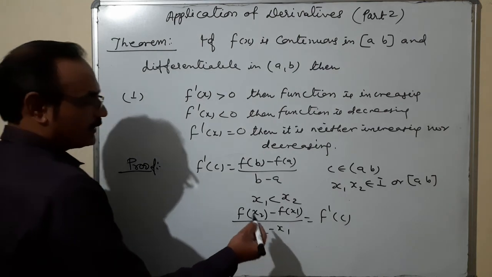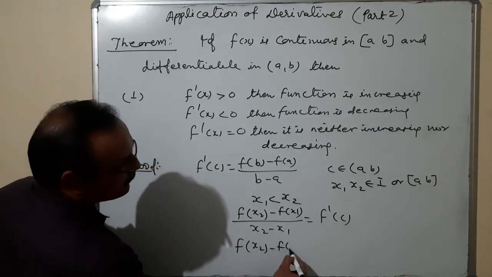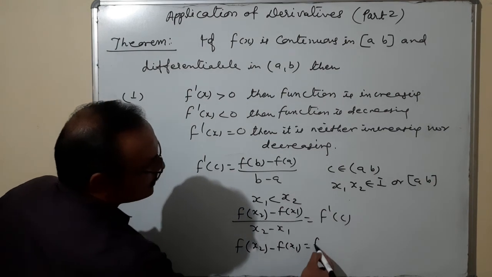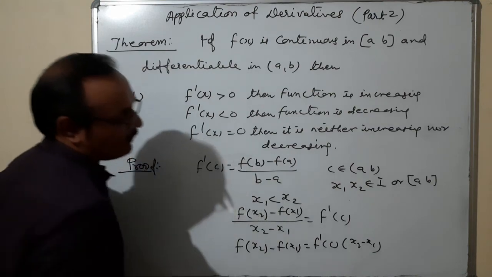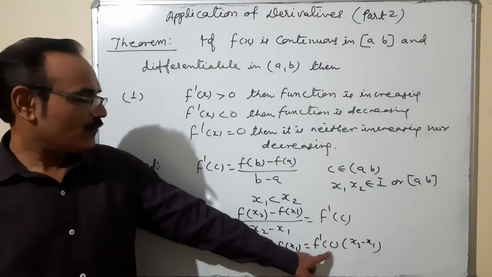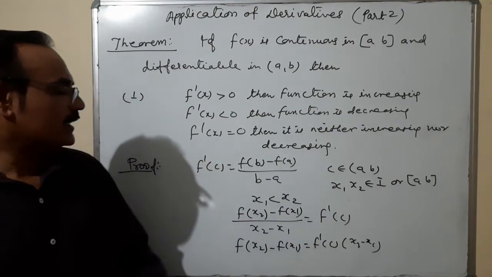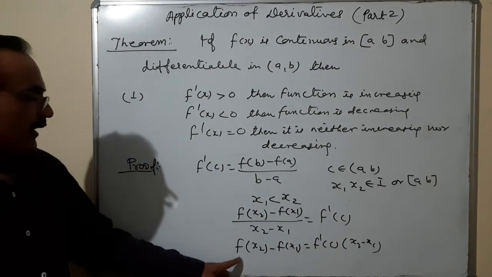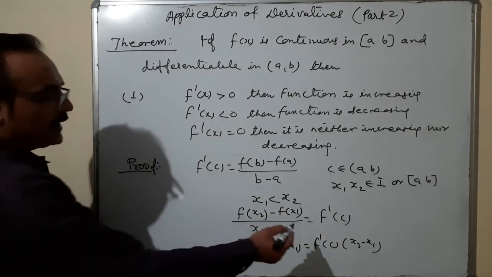We shift the term: f of x2 minus f of x1 is equal to f dash C times x2 minus x1. Since f dash C is greater than 0 and x2 minus x1 is greater than 0, f of x2 minus f of x1 is greater than 0.